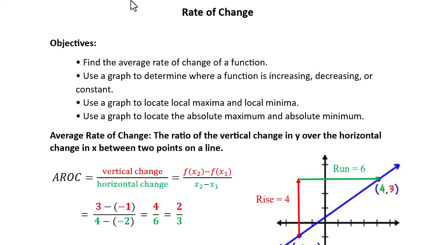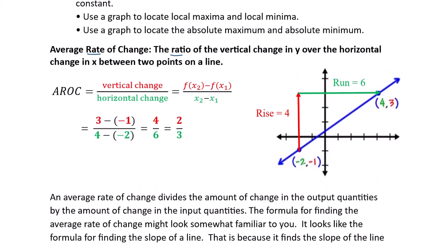Average rate of change is the ratio of the vertical change in y over the horizontal change in x between 2 points on a line. So the ratio is the rate of change.